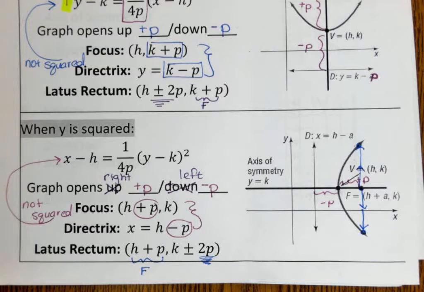A couple people are still writing that stuff down. There is no way we are getting through all of this today, so don't freak out. We're going to spend next class finishing up parabolas. And I actually think I am moving when your test is. We're doing that because third block had their full flex yesterday, so they're a block ahead of you, and you're going to be out of sync until you have your flex.